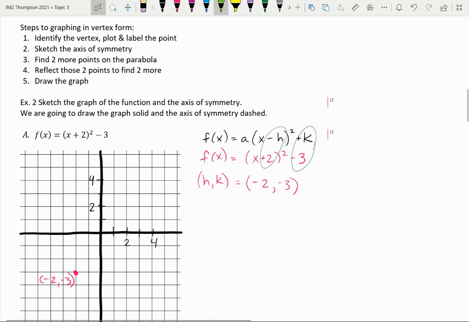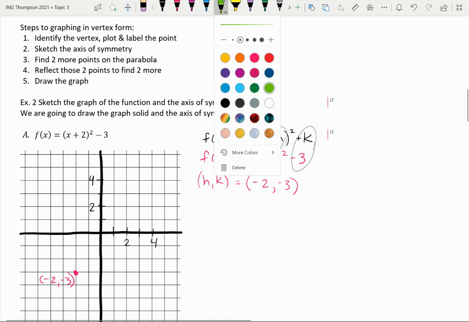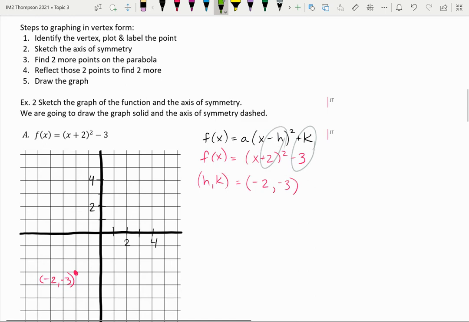Step 2, sketch the axis of symmetry. My axis of symmetry is just going to be a dashed line that goes through the vertex. This is the equation x equals -2.